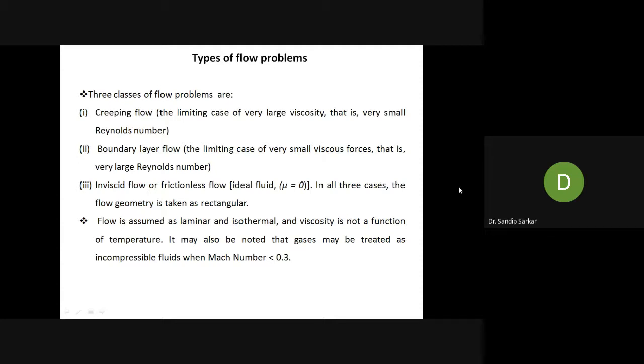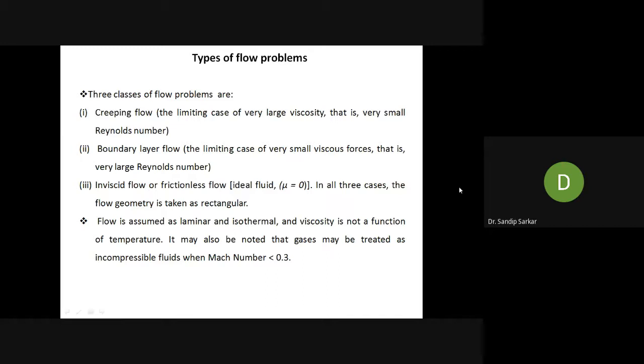Now, in general, incompressible fluid flow problems may be of three types.